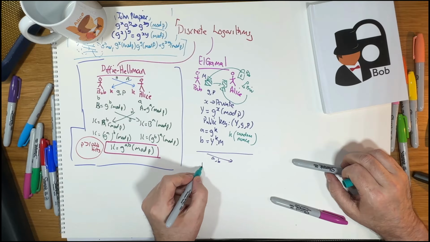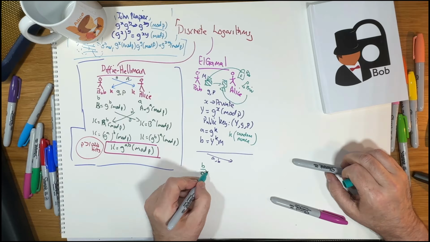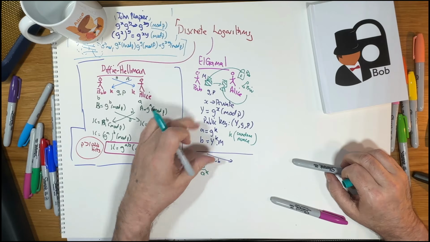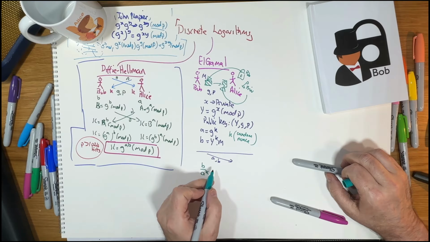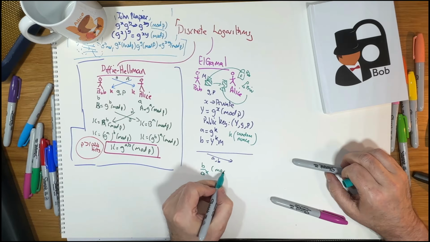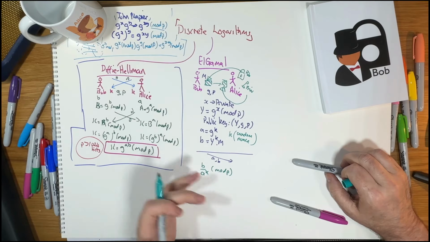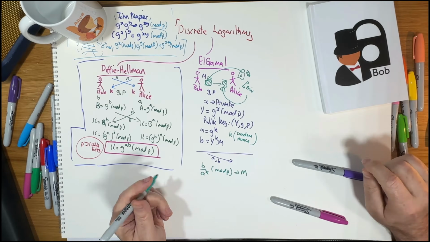So the way that she does this is she takes b divided by a, and a is raised to the power of x, her private key, and takes mod p for that one. And that should give us back the message.